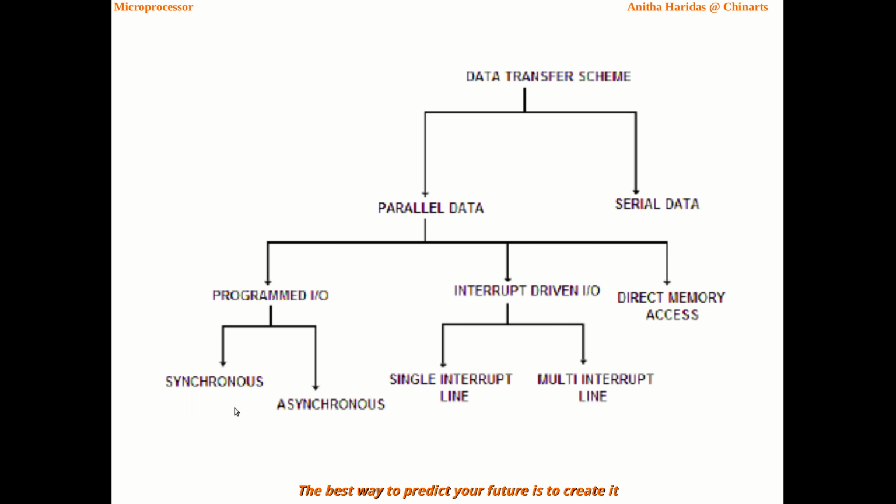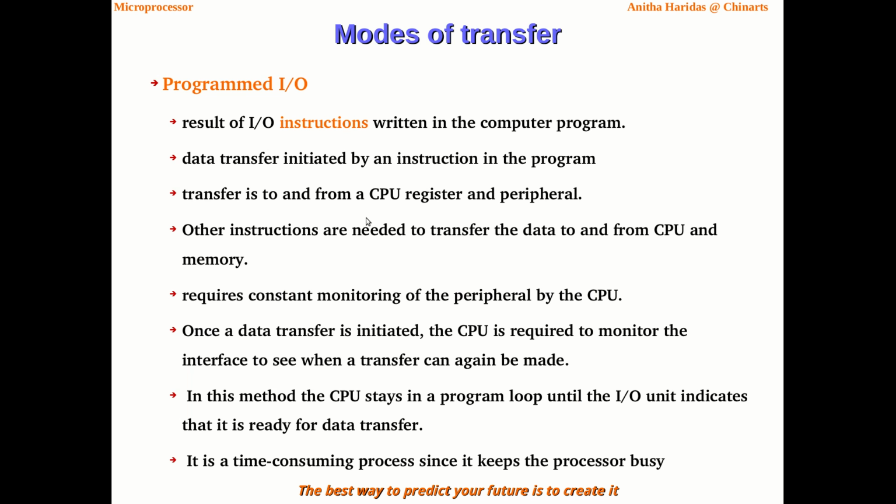Let us see what is programmed input output. The programmed input output is used when you have input output instructions inside a computer program. This mode of transfer will be initiated when the input or output instruction in a program is executed.